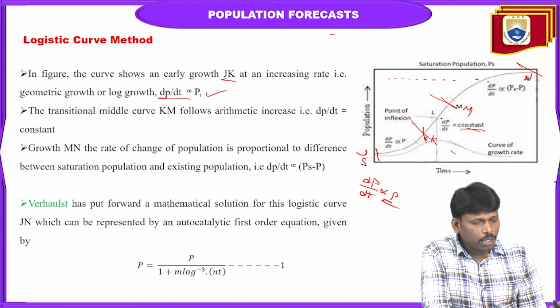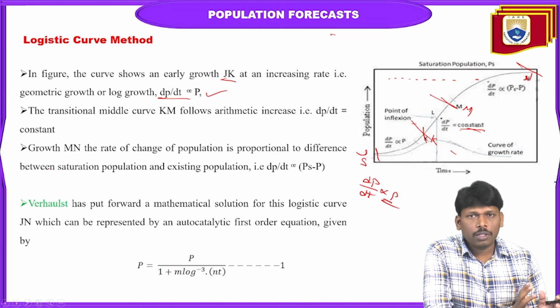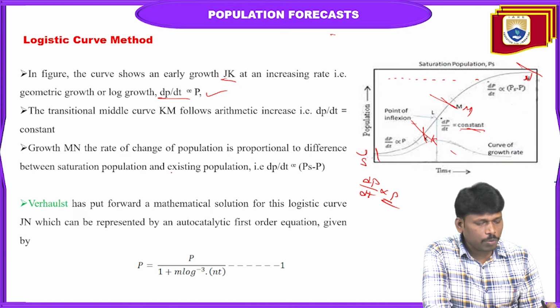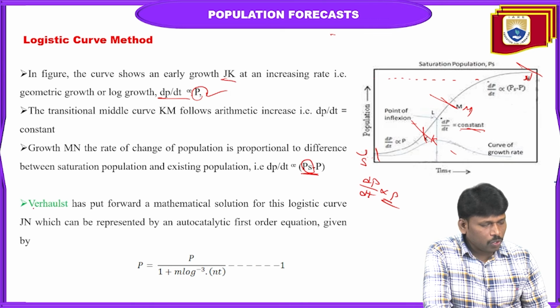In the growth M to N, the rate of change of population is proportional to the difference between the saturation population and the existing population. So it is not only directly proportional to the population, it is also related to this area, where according to this form we need to calculate the population.